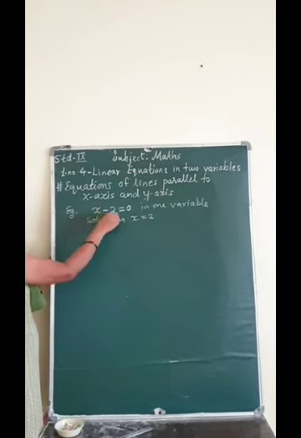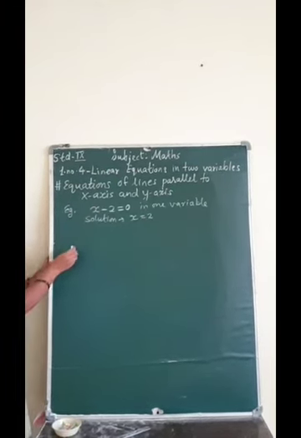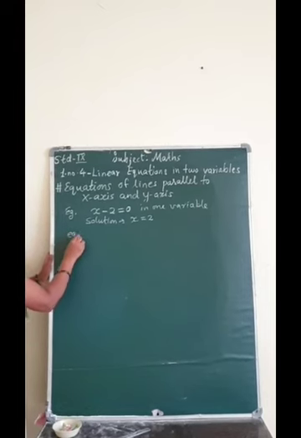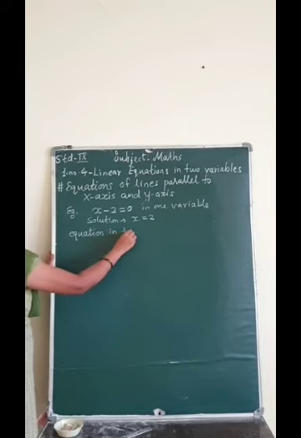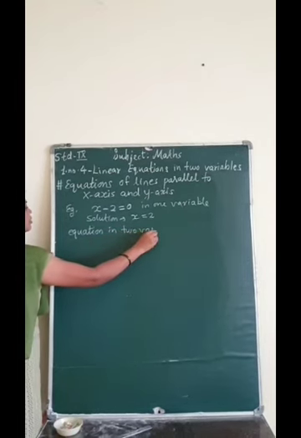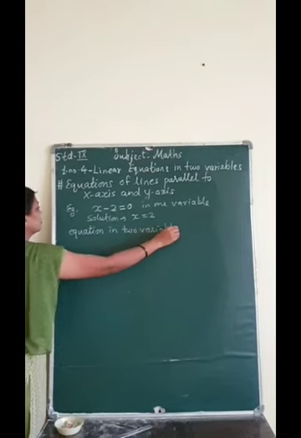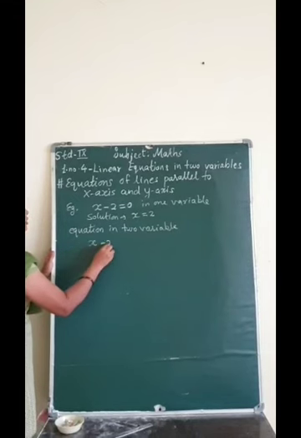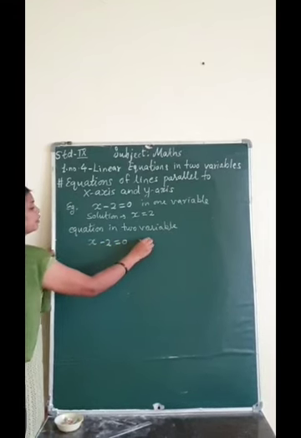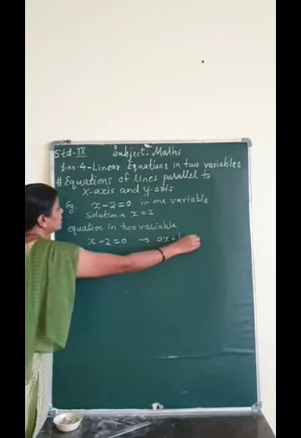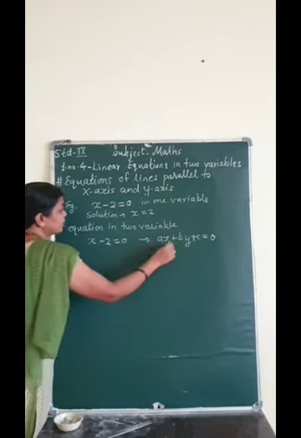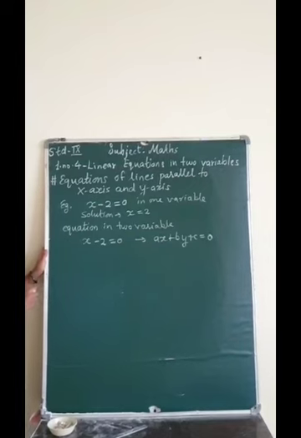Now, if this equation is treated as an equation in two variables, the general form of an equation in two variables is ax plus by plus c is equal to 0.